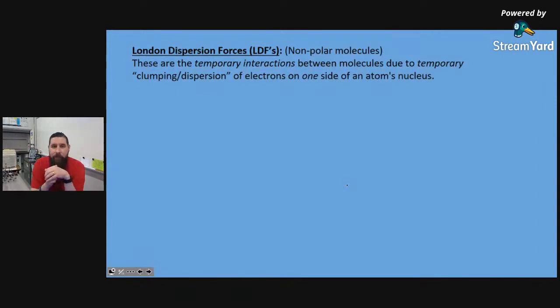I get that negative polarity on one side of the molecule, positive polarity on the other, and that induces the next molecule over to do the same thing, just like an induced dipole. Difference is London dispersion forces are very, very short-lived, and they're very, very weak attractive forces. Okay?